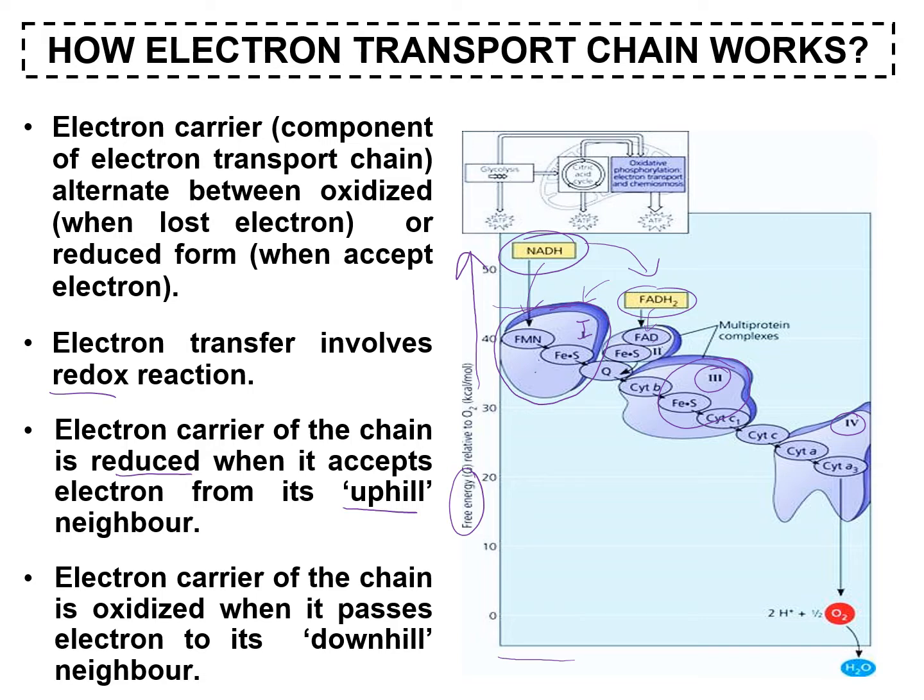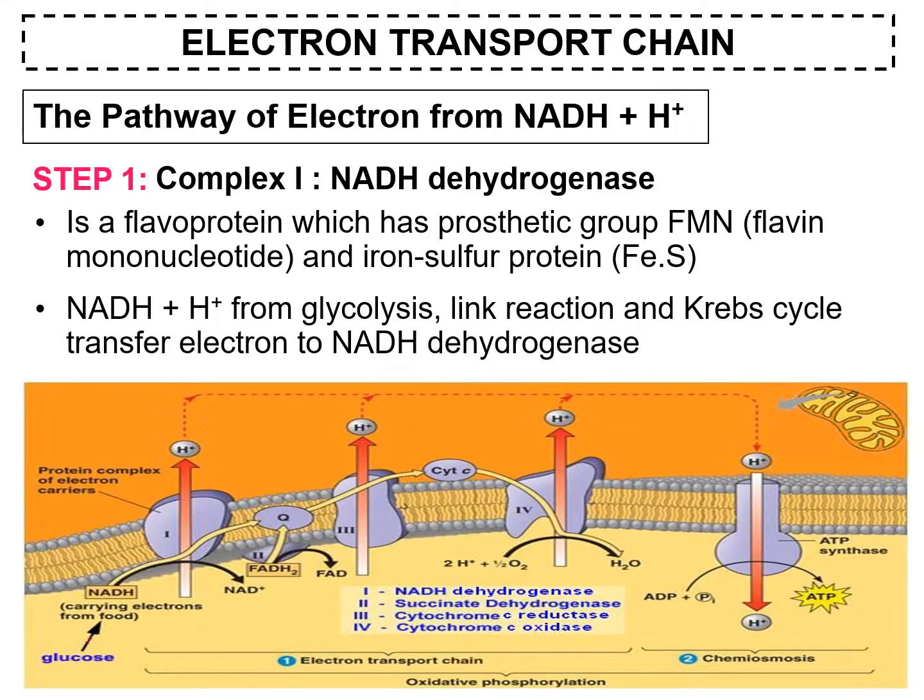Let's look at the first step in the electron transport chain. In step 1, it involves complex 1, the NADH dehydrogenase. Complex 1 is a flavoprotein which has a prosthetic group flavin mononucleotide, and also iron-sulfur protein. You don't have to remember this.